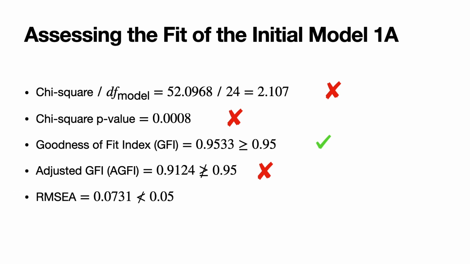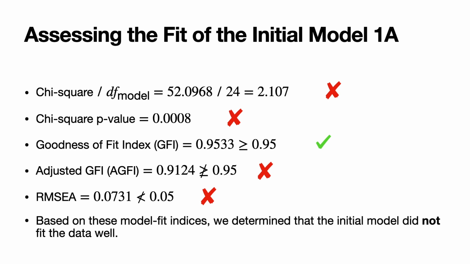And finally, the root mean squared error of approximation at 0.0731 is not less than 0.05. And so that does not indicate a well-fitting model either. And so based on these model fit indices, we determined that the initial model did not fit the data well.